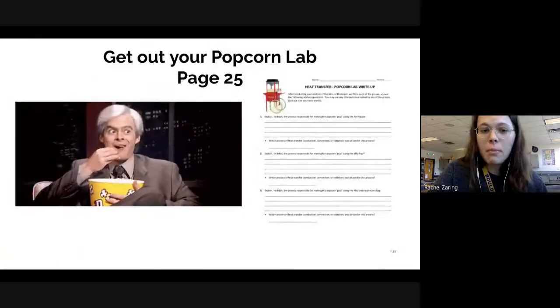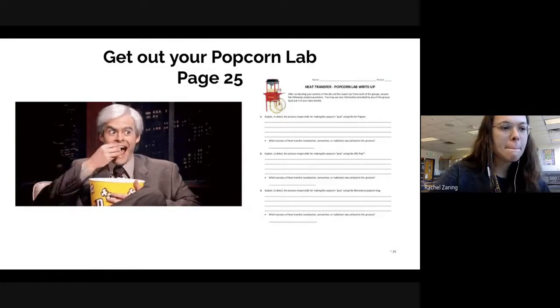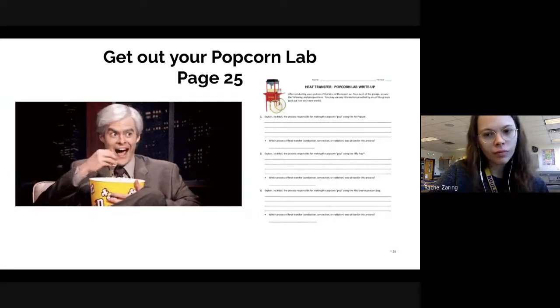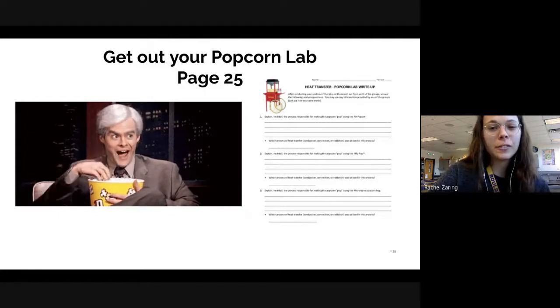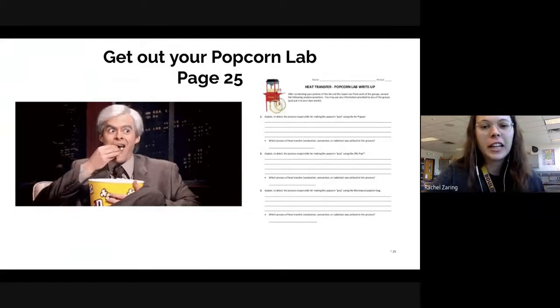Okay, if you don't mind getting out your popcorn lab that is in your workbook, it is on page 25. So we're going to use this popcorn lab to review our three different types of heat transfer: conduction, convection, and radiation.